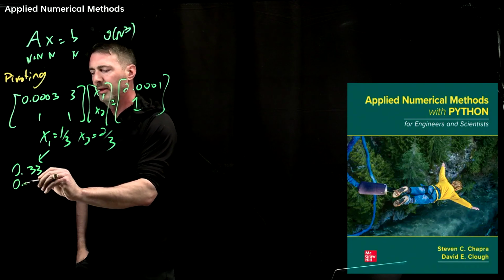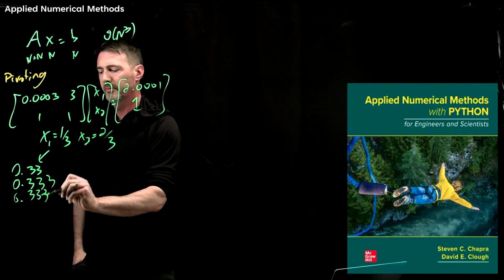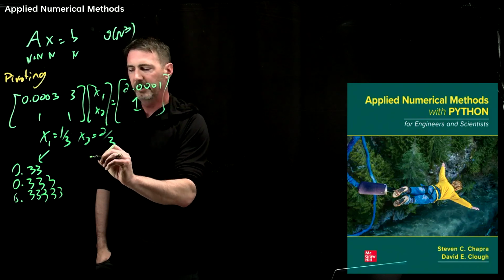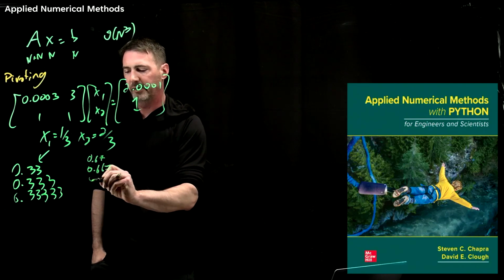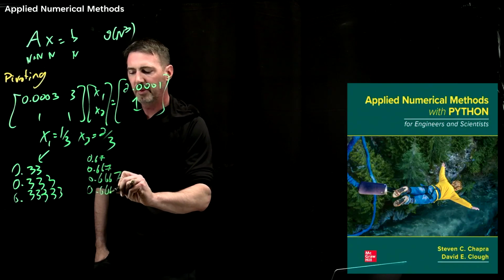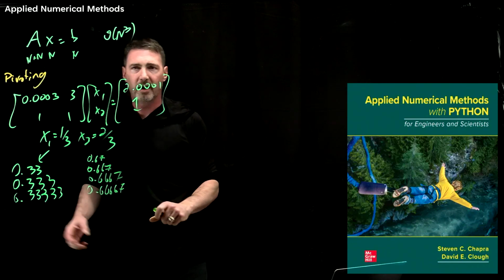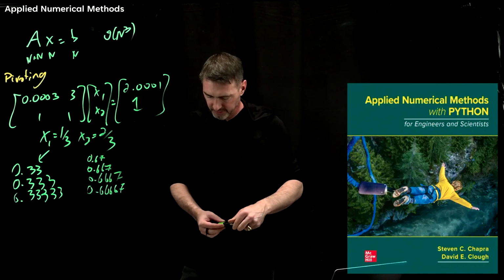So depending on how I store this in a computer, how many digits, you see where I'm going with this. This is 0.67 or 0.667 or 0.6667. Depending how you store this, it'll actually impact your method, okay?